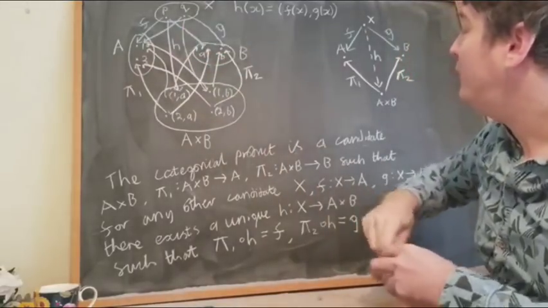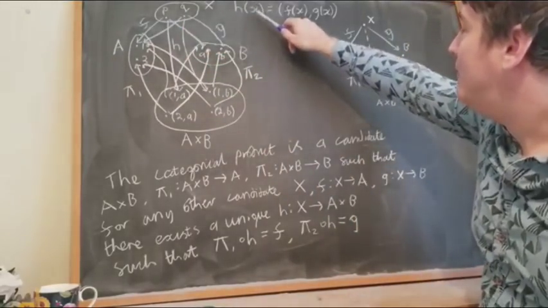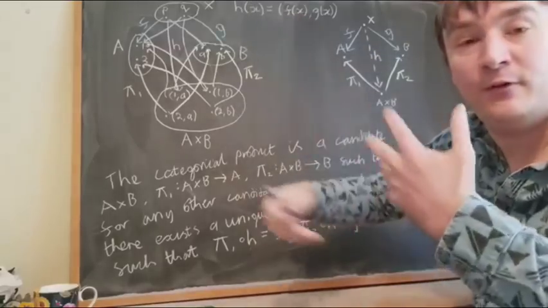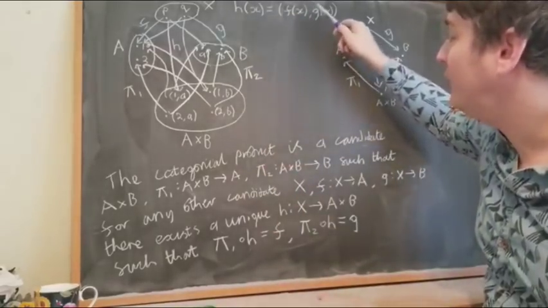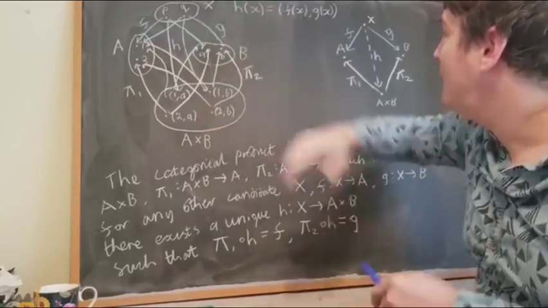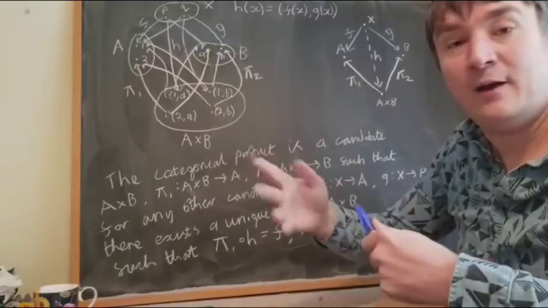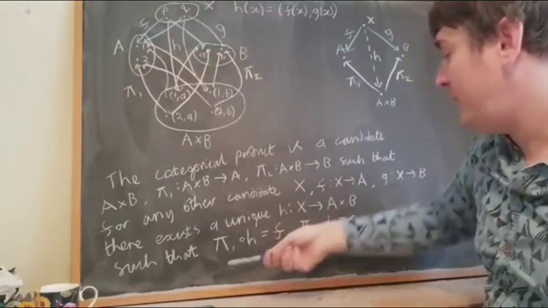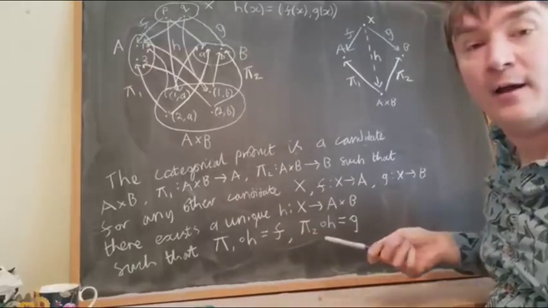And similarly, if we didn't send x to something with a second entry which was g of x, then when we did pi2 on that pair, we wouldn't end up with g of x, but we have to in order for these conditions here to be satisfied.